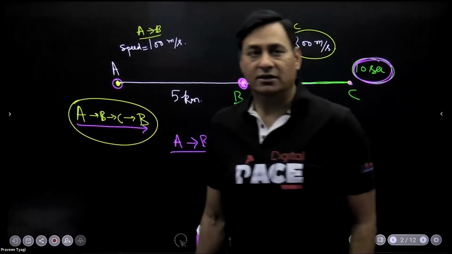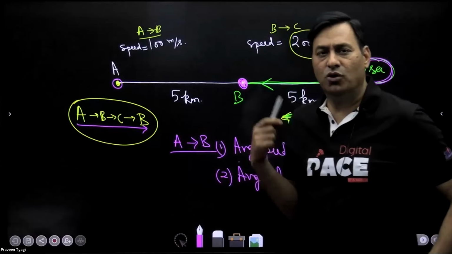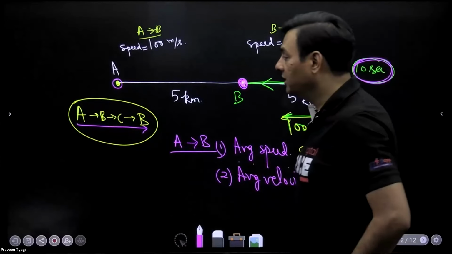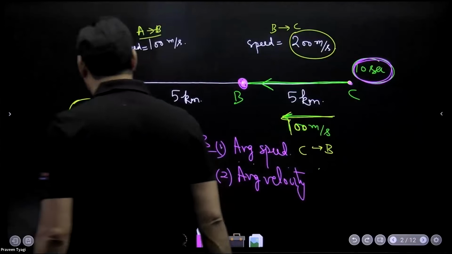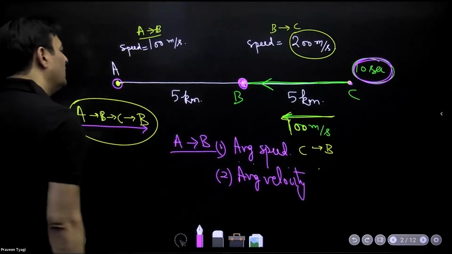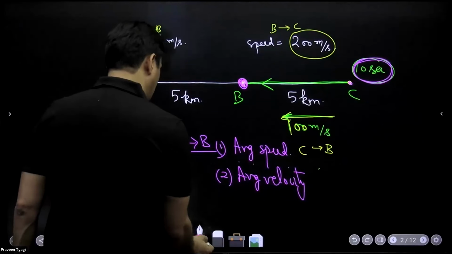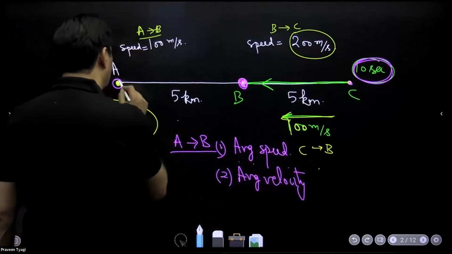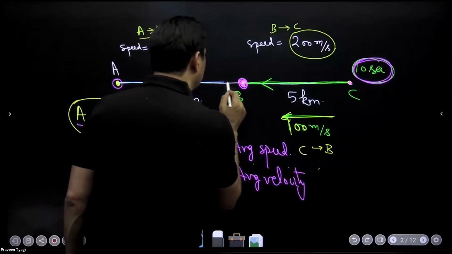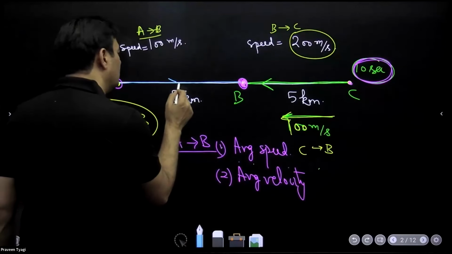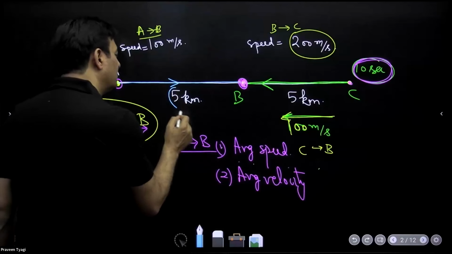Ready? Let's see. We'll make things more and more interesting. From A to B, distance covered is 5 kilometers. This everyone knows. I'm solving the question. 5 kilometers is the distance covered.